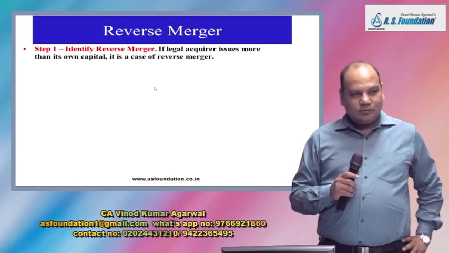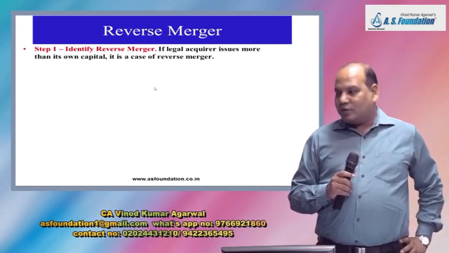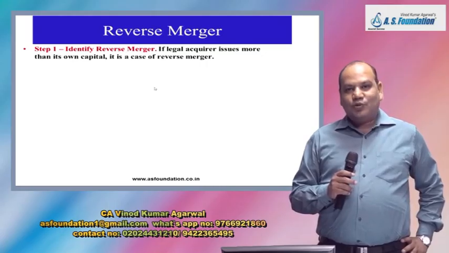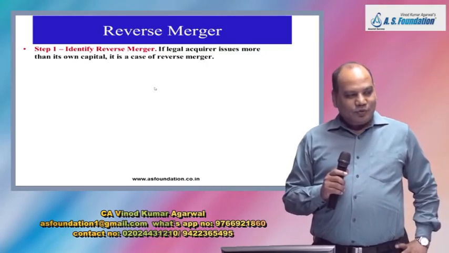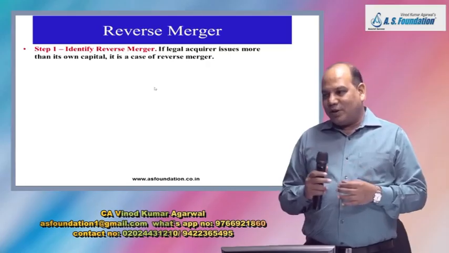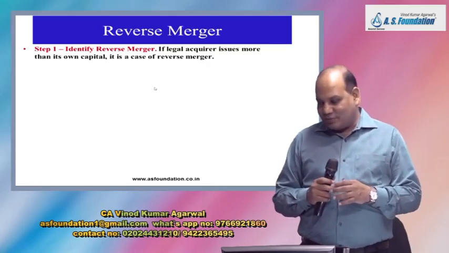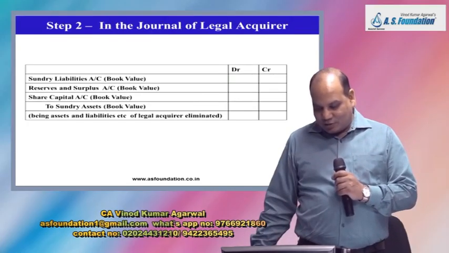True or false? If you have 1 lakh shares, but you have issued 1,10,000 shares, so automatically the other party will get more than 50% share. So he will get the control.